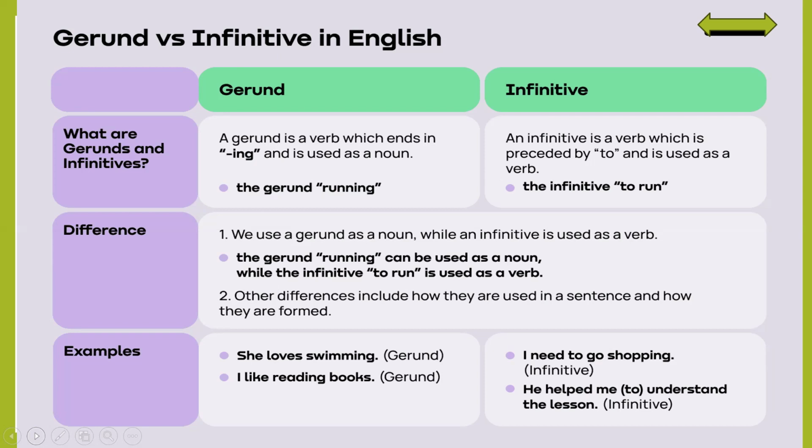Examples for gerund: she loves swimming. Swimming is a gerund. I like reading books. Reading is a gerund. Infinitive: I need to go shopping. To go is an infinitive. Second example: he helped me understand the lesson. In this case, there is no use of to because after helped we use the bare infinitive.